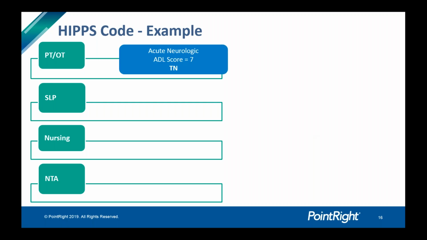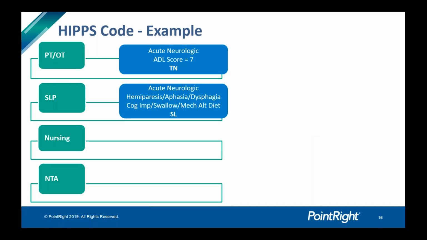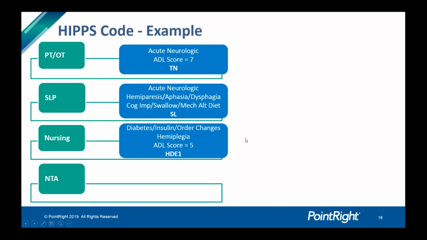So the reason why he's on therapy is because of an acute neurological event. Maybe he had a stroke. ADL score is 7, so he's a TN. For speech, he's also got some hemiparesis, some aphasia and dysphagia, mechanically altered diet, swallowing problem, a little cognitively impaired. So he's an SL in speech. For nursing, he also has diabetes with insulin and order changes for that insulin.